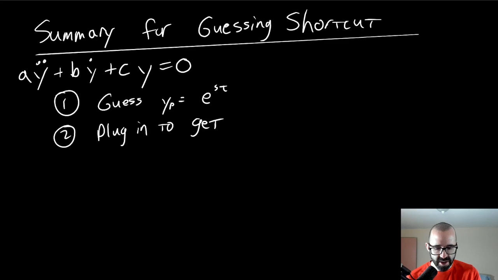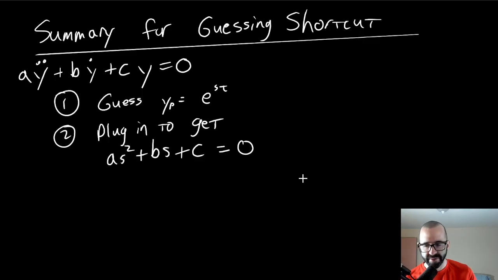So specifically, what's going to happen when we plug in? We're always going to get a s squared plus b s plus c equals 0. And that'll be our characteristic polynomial. We'll need to find the roots of this.